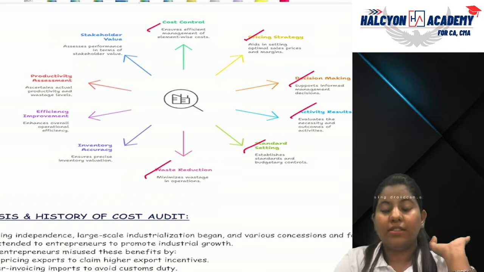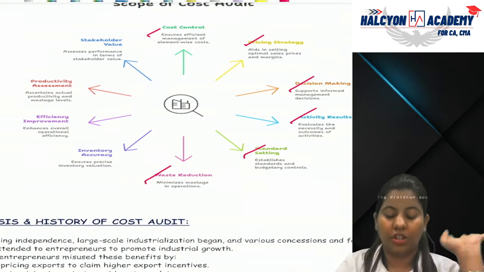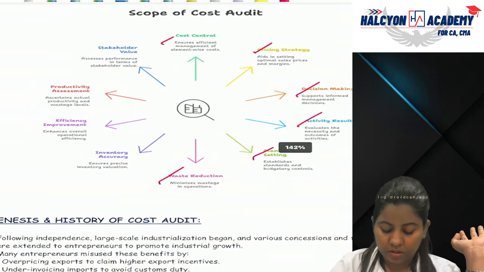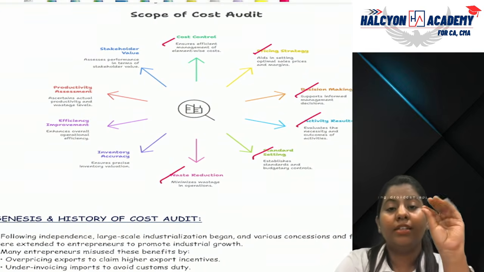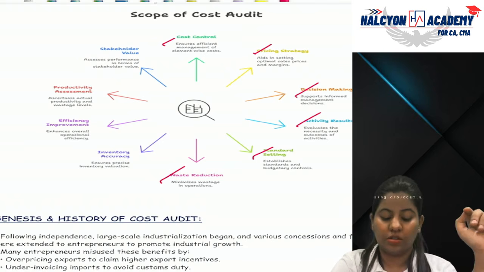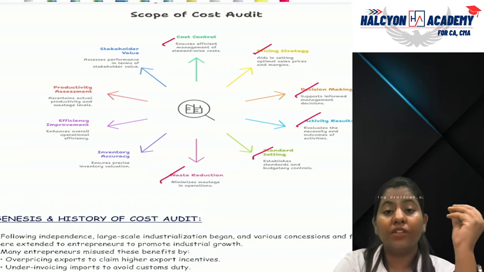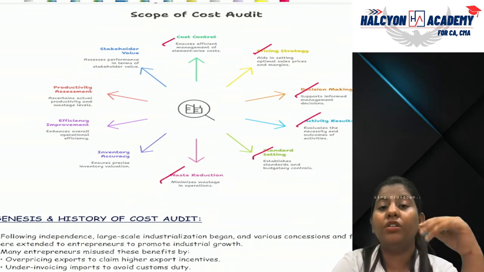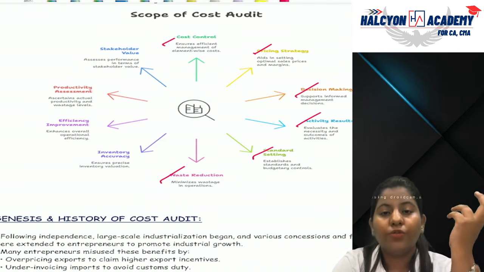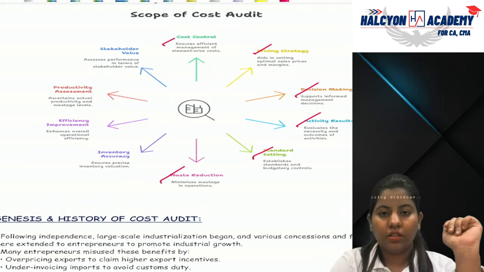Next is waste reduction. Suppose we have invested in an activity which is not giving the desired results. So it is wastage. It is not even giving profit and not even able to recover the cost. So we would cut down that activity.